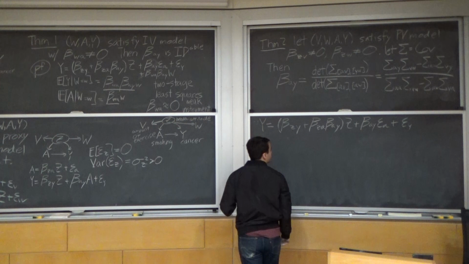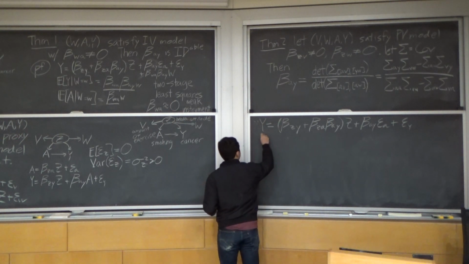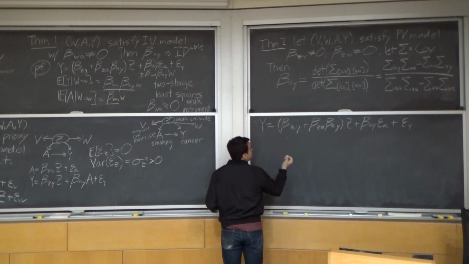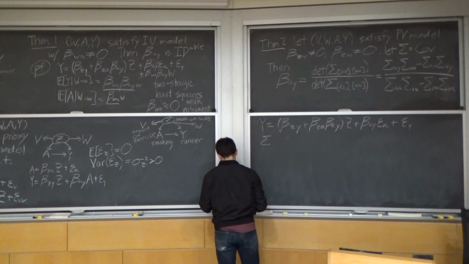And then if we start looking at all of the covariances, there's 6 covariances involved in that. So which ones do we need? Let's start off with some of the easy ones.